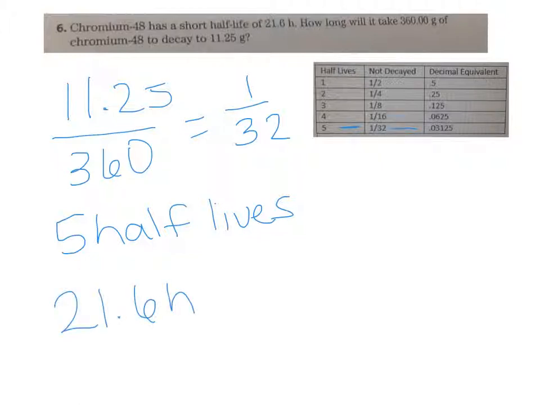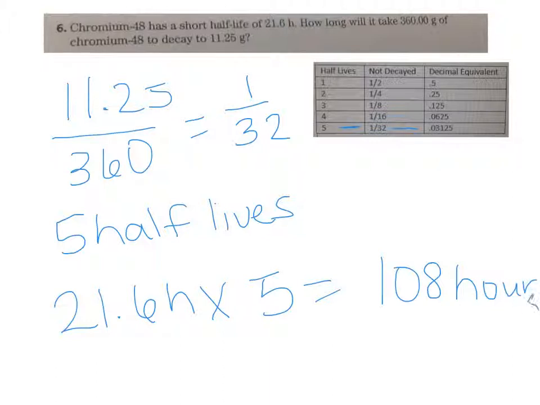So what do we need to do? Multiply by 5, the number of half-lives. So 21.6 times 5 is going to give you 108 hours. Right? There's your answer.